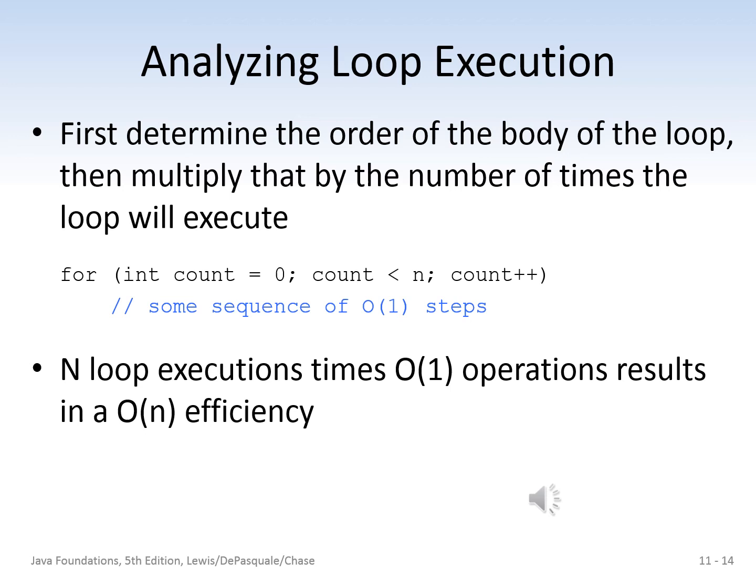And then we'll multiply the order of the body of the loop by the number of times the loop will execute relative to n. Keep in mind that n always represents the problem size. So n loop executions times O of 1 operations results in an O of n efficiency.